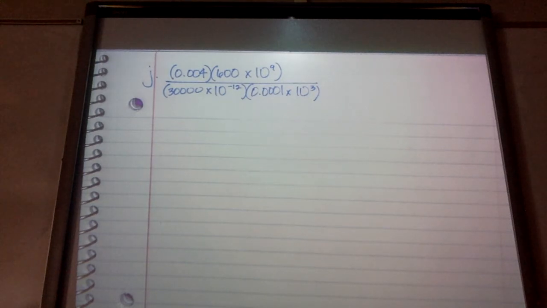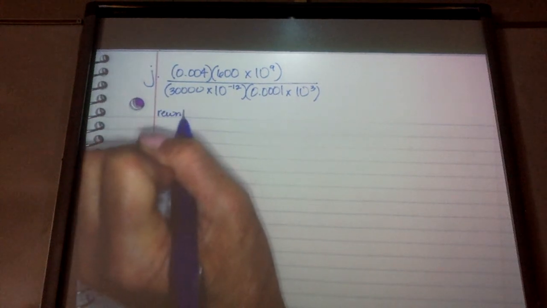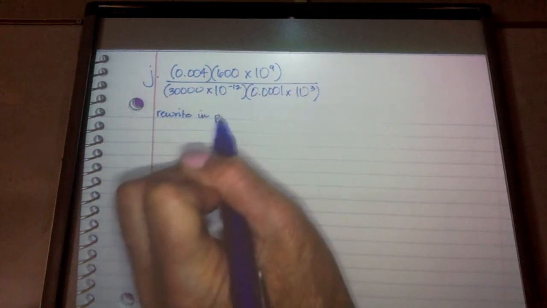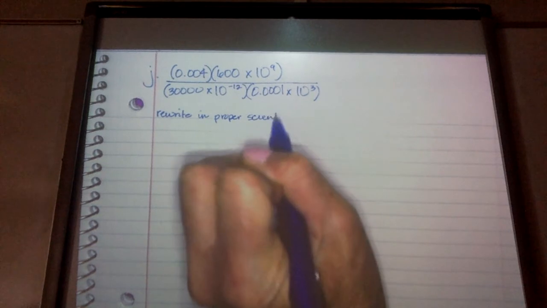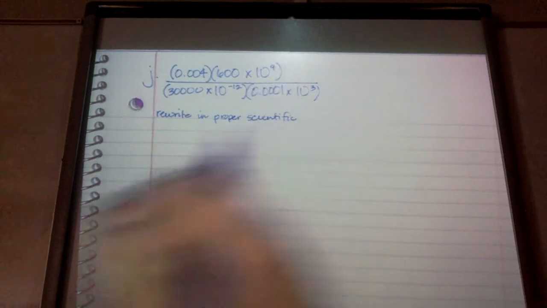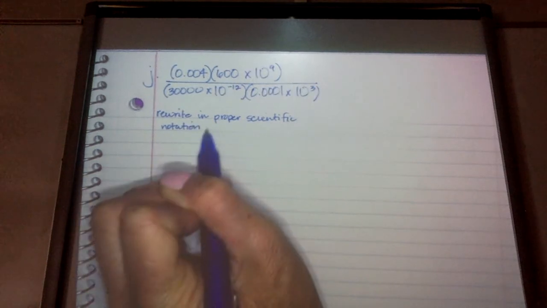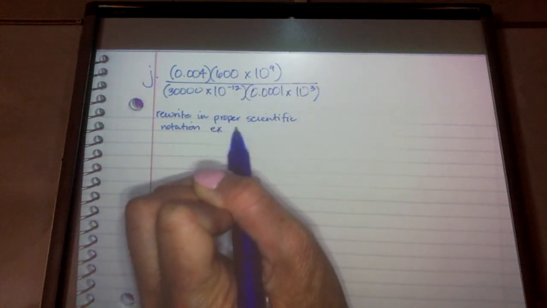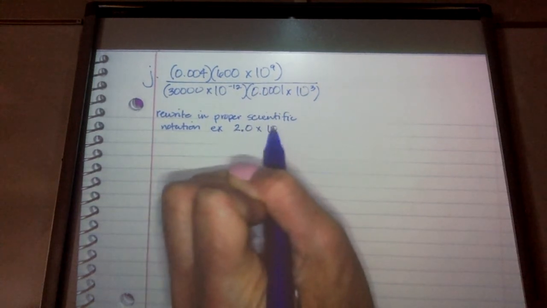Now when I go to do this problem, I have to rewrite in proper scientific notation. For example, it has to be a number written like this, 2.0 times 10 to the 4th.